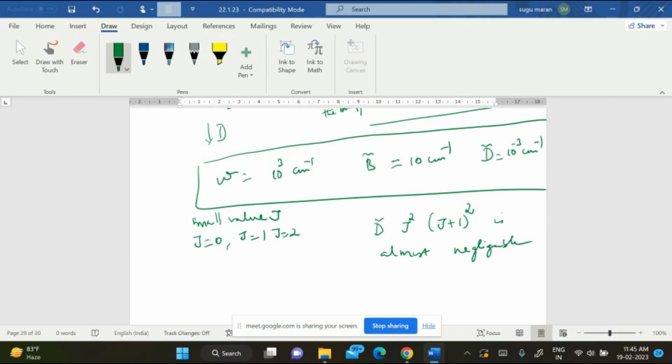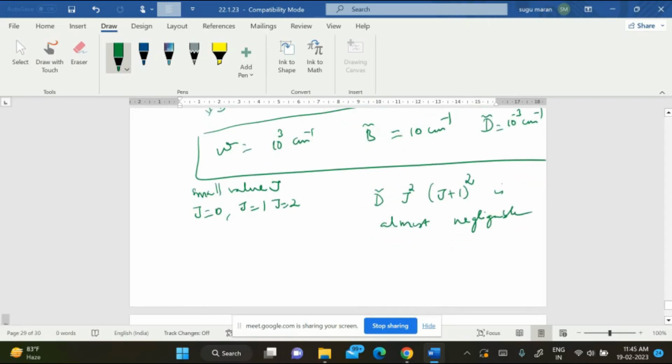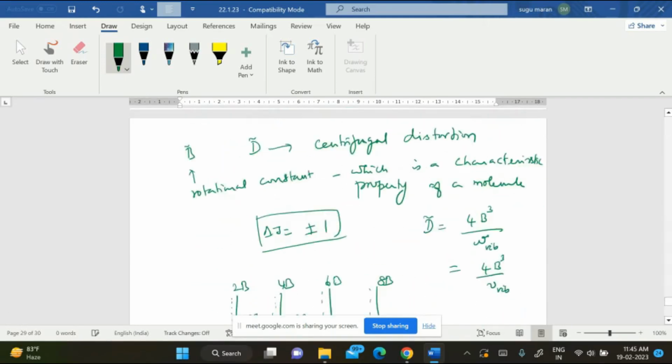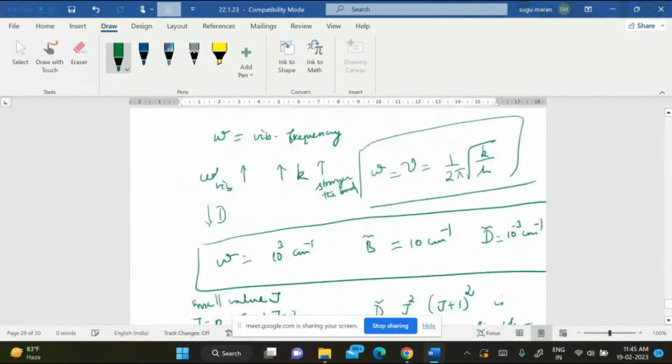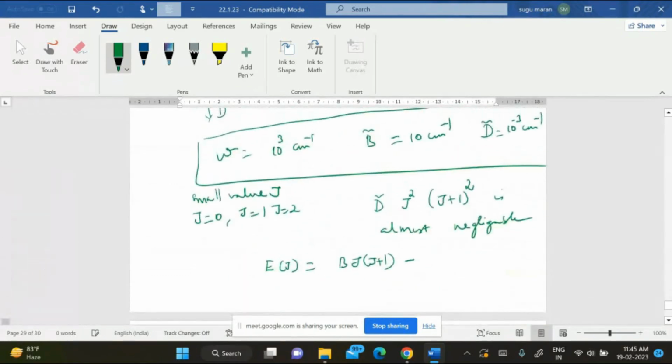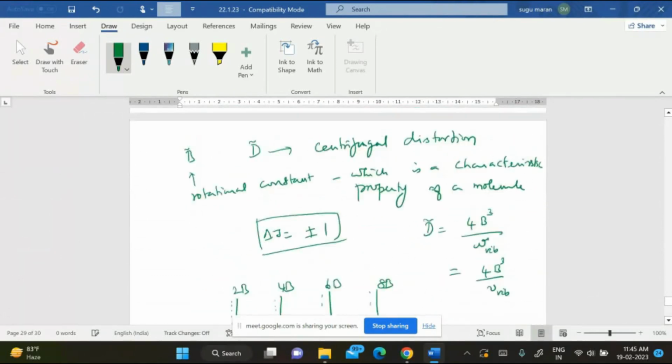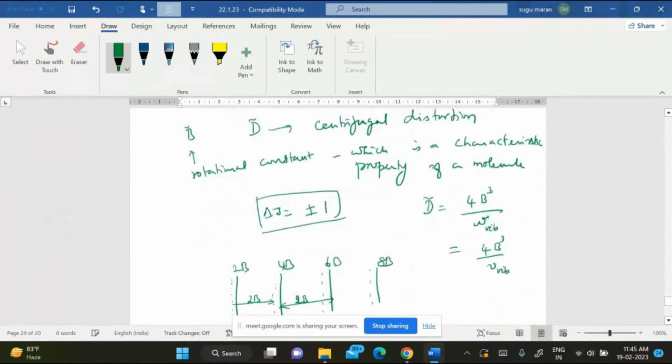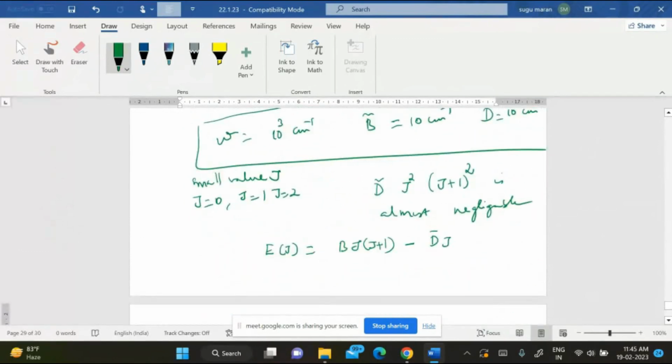So at lower values, in the equation E_J = B J(J plus 1) minus D bar J squared (J plus 1) squared, the last term is very small.